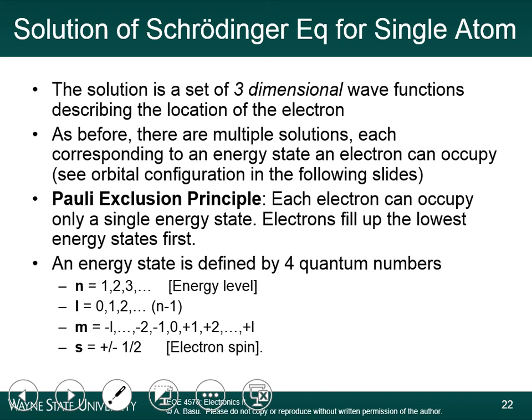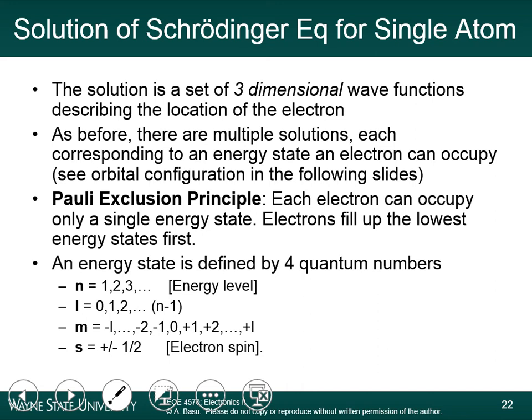The energy state is defined by 4 quantum numbers, n, l, m, and s. N is denoting the energy level, L and m are denoting the orbitals, and s is denoting the electron spin, which can either be spin up or spin down. So it's denoted by s equals plus or minus 1/2.